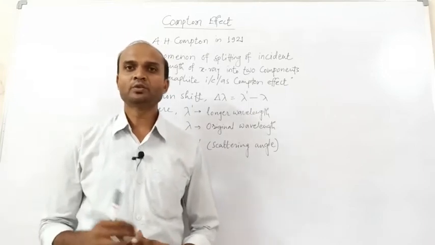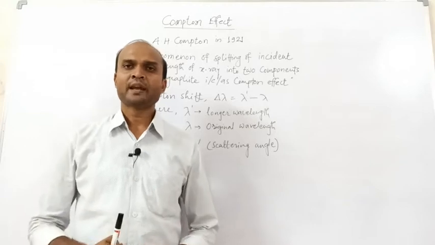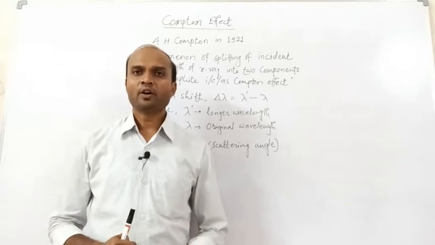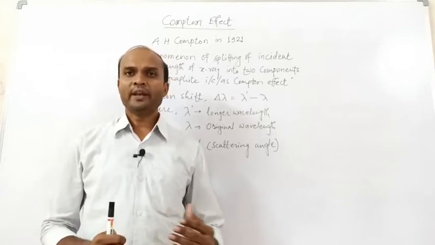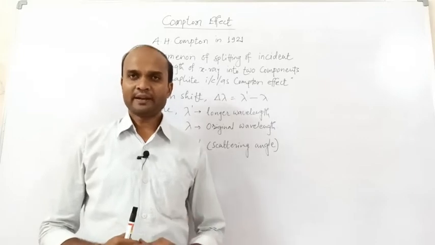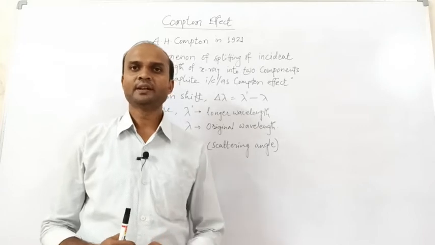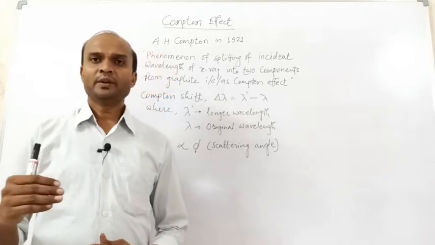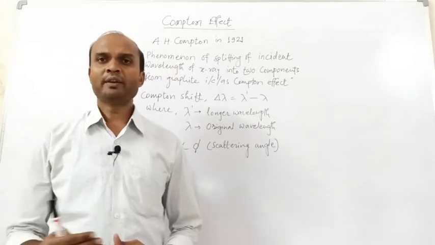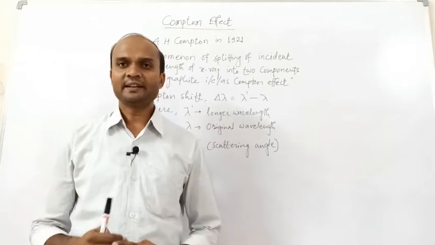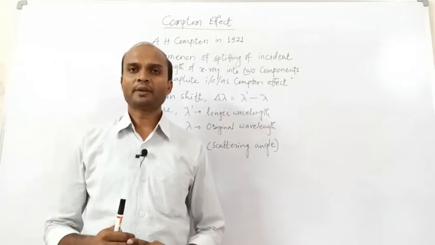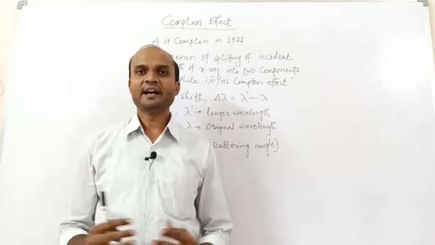Heavy elements means those whose atomic mass is higher, and Thomson observed that when light interacts with matter, or there is a scattering of light from the heavy element, then the wavelength or frequency of the scattered light and the wavelength or frequency of the incident light are the same.